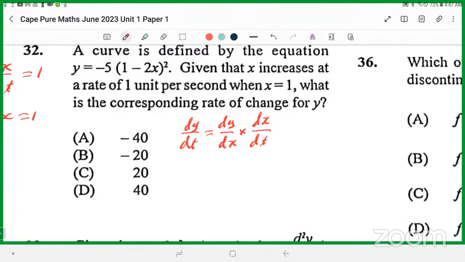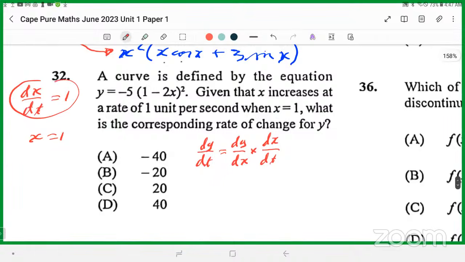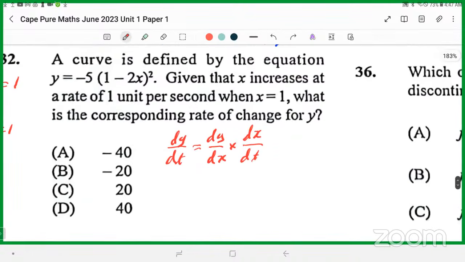All right, so we need to differentiate this now, because this is 1, you know. This is just 1, so that won't change anything. So the answer basically is to differentiate that expression, and then substitute x equals 1 in it.